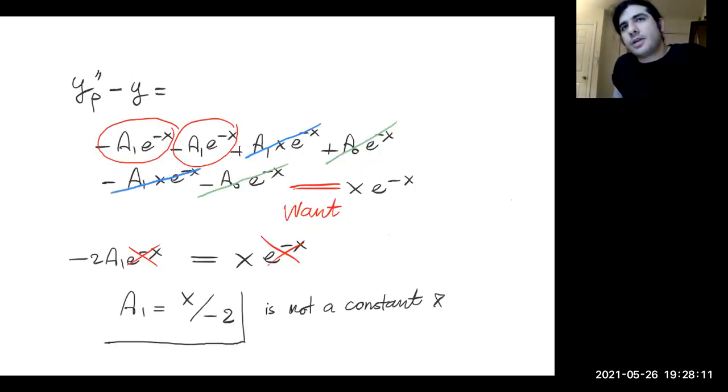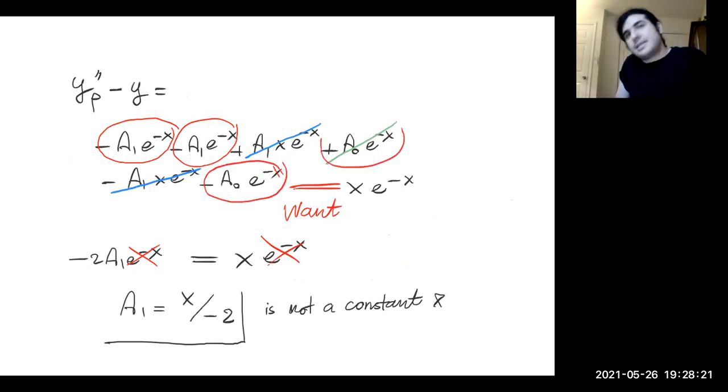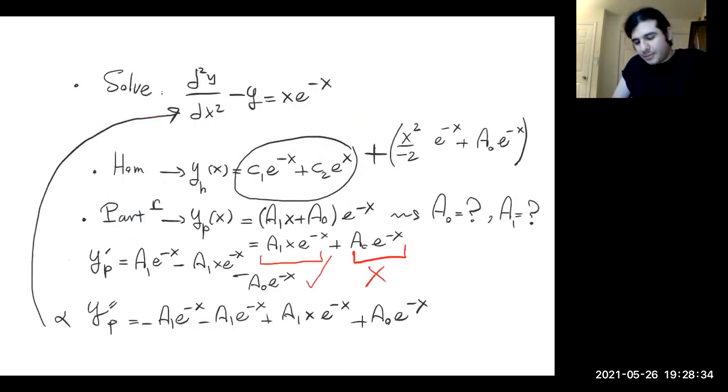We were supposed to solve this equation to find a1 and a naught, but actually everything which contains a naught, they kind of cancel out. This term has a naught, this term has a naught, they cancel each other. At the end, we don't get anything with a naught in it. But that makes sense, you know?